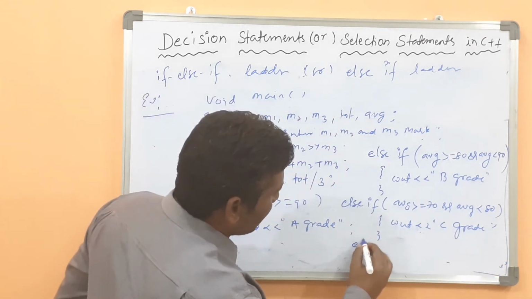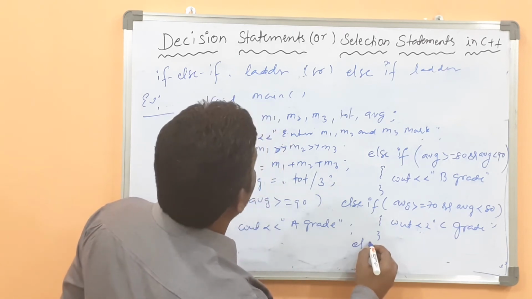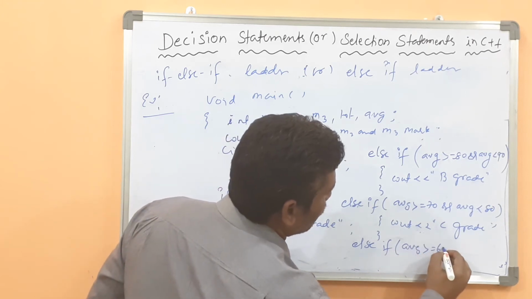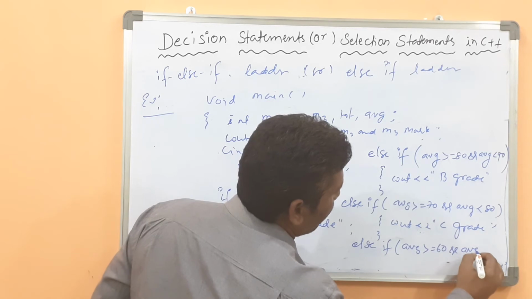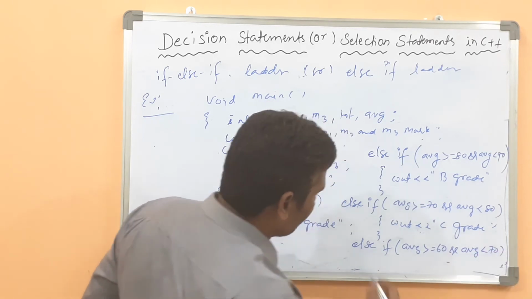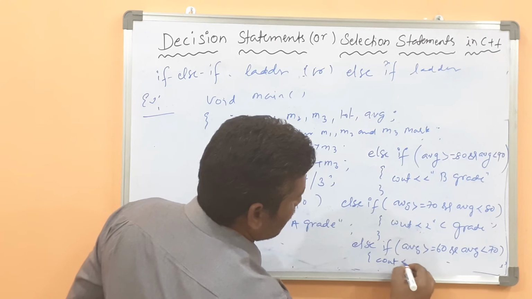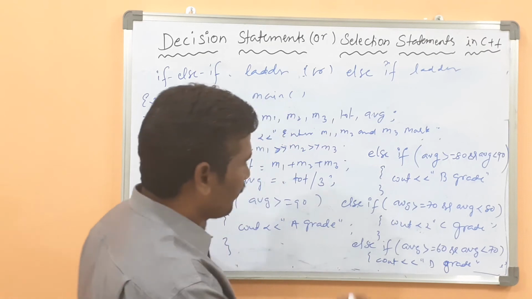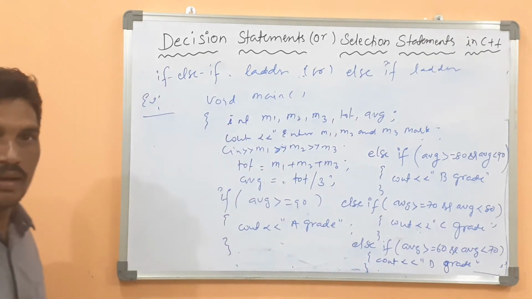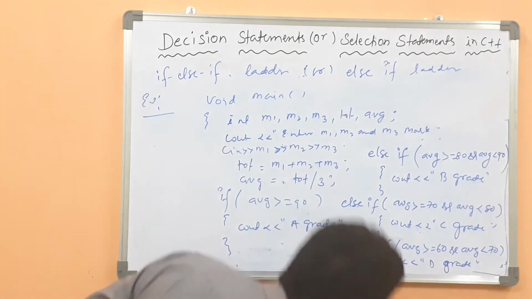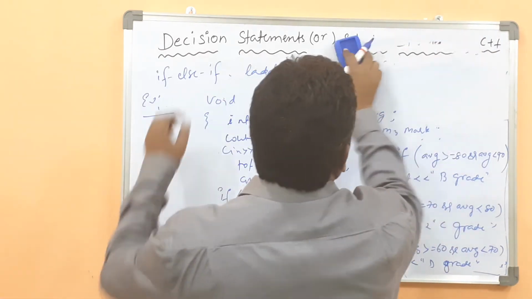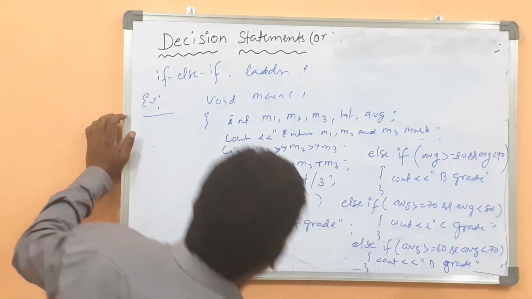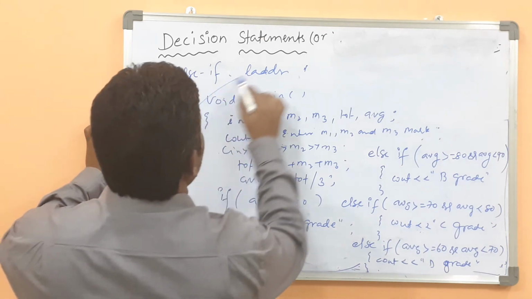Then else if average is above 60 and average below 70, then cout D grade. There is no space, so I will write the remaining part here.